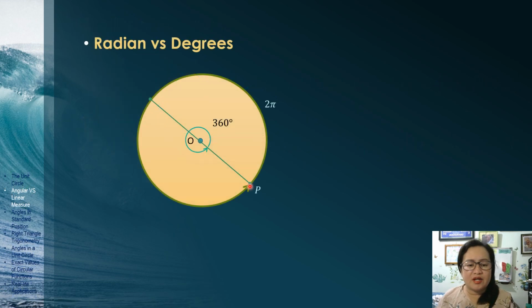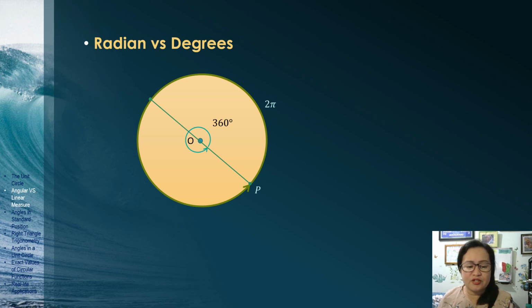Let's say we get a point P on the circle that is moving. One complete rotation of the point will make a 360-degree angle. Now for the arc, that is equivalent to 2 pi. How come that is equal to 2 pi?